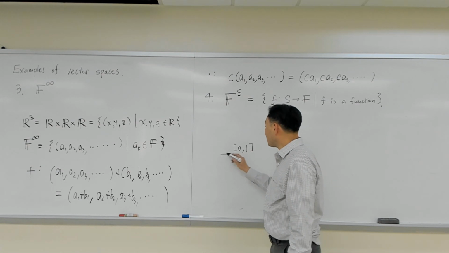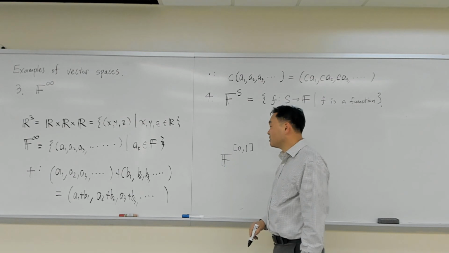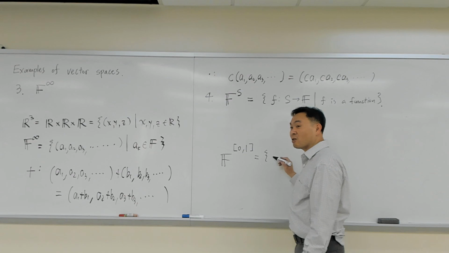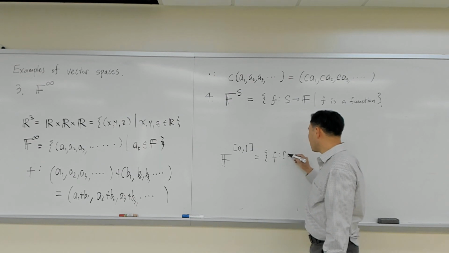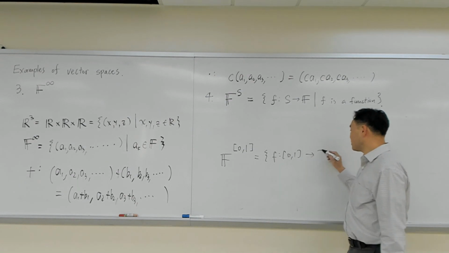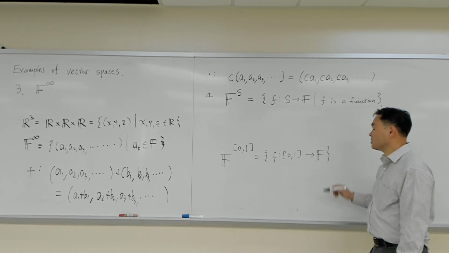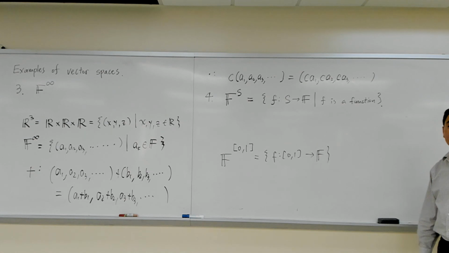And you can even talk about something like that. This would be an example, where we're talking about all the functions from 0, 1 to f. Okay? All right, so if you have such a thing, then this is also a vector space.